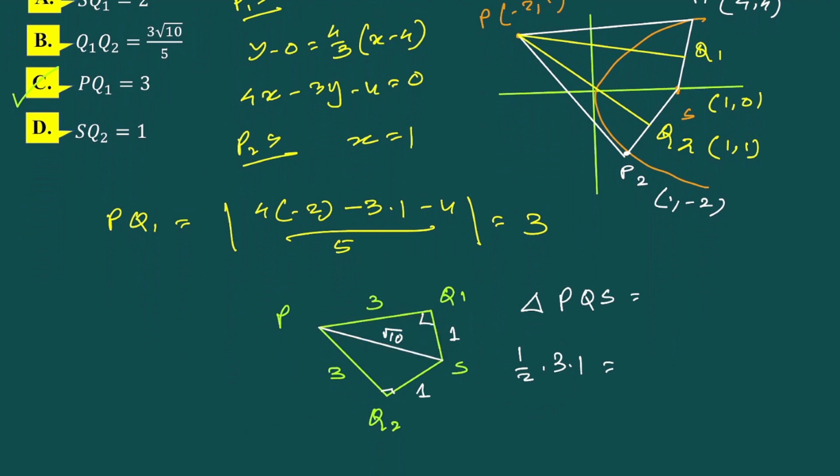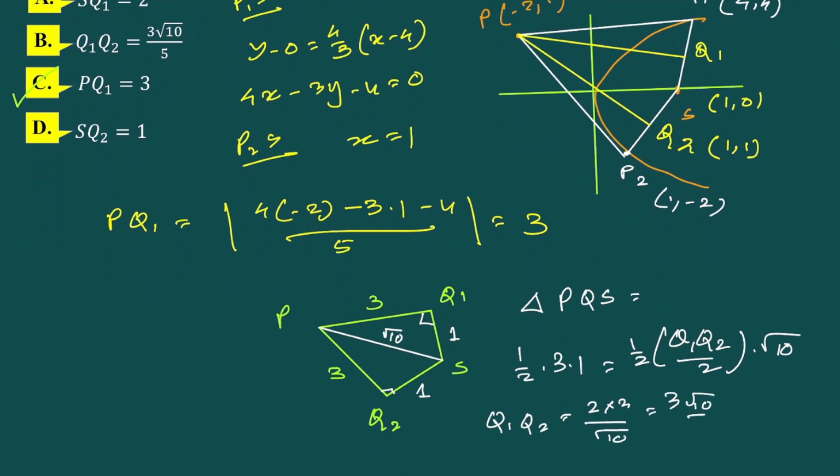We can get half into (Q1Q2 by 2) into root 10. Q1Q2 by 2 I have already given. Now we can write Q1Q2 equal to 2 into 3 by root 10. Therefore, that is 3 root 10 by 5. Now I am marking.